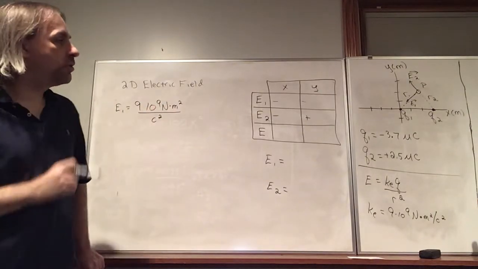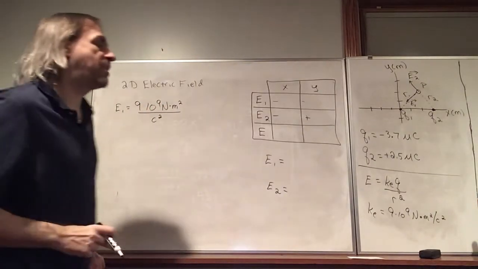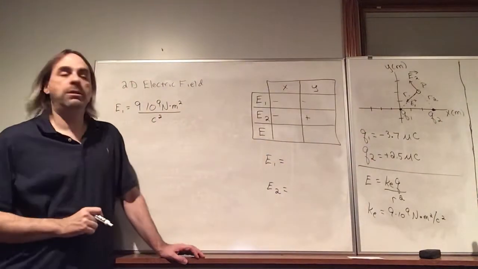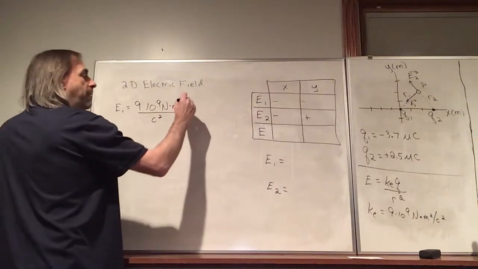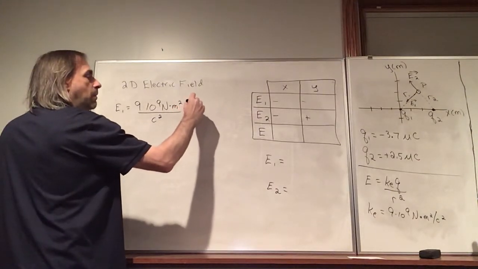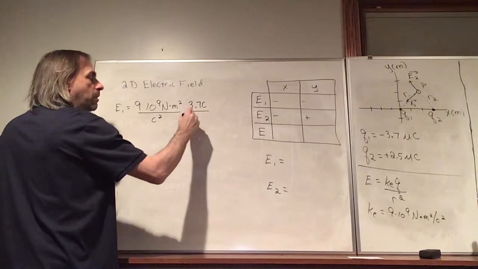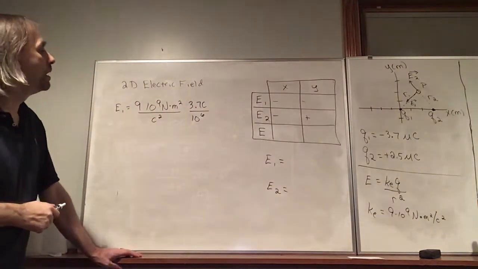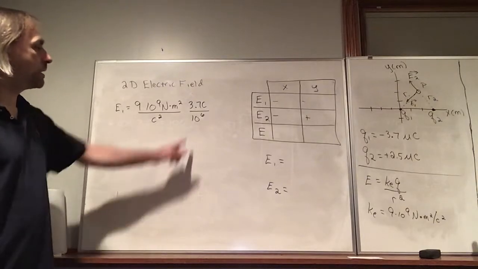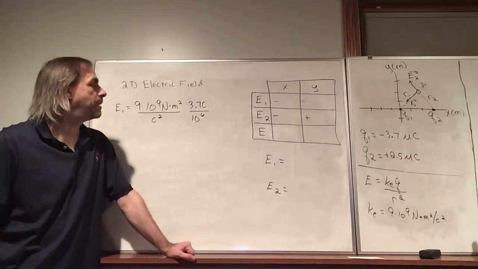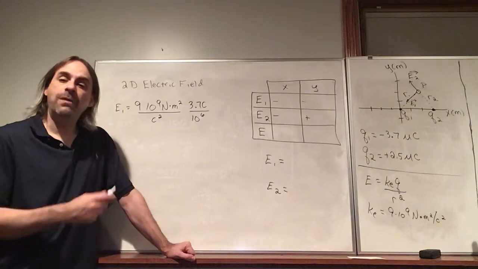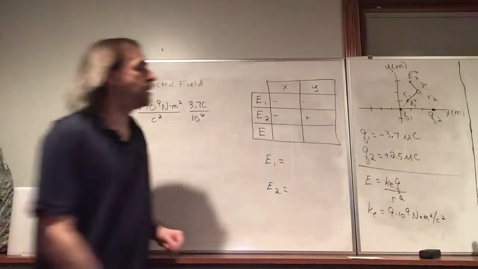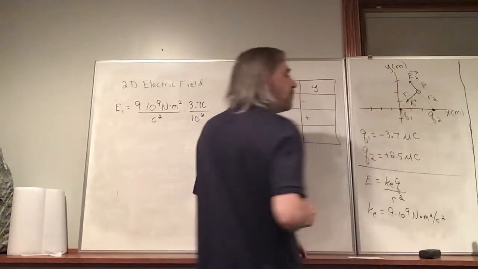Now the charge is minus 3.7 microcoulombs, but very important, we just write down 3.7 microcoulombs. I'm going to convert those to coulombs by dividing by 10 to the 6, since micro is 10 to the minus 6. I'll just put it in the denominator to make it positive. And then we have to divide by the distance, which would be R1, the distance from Q1 to that point P.